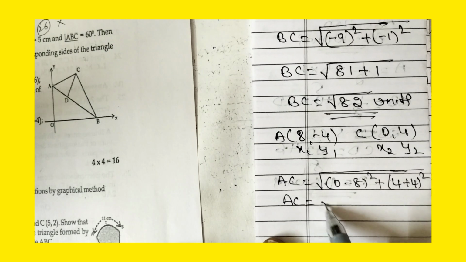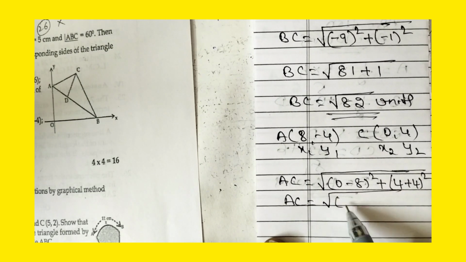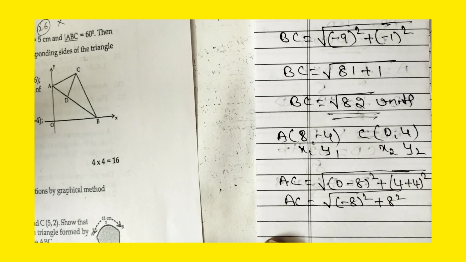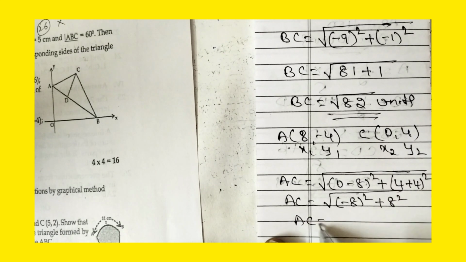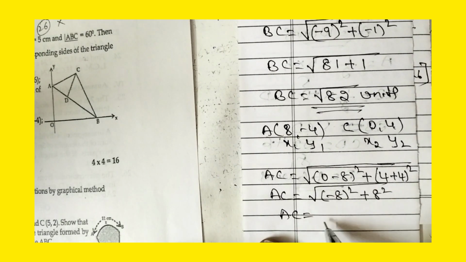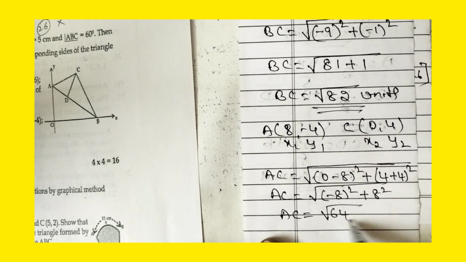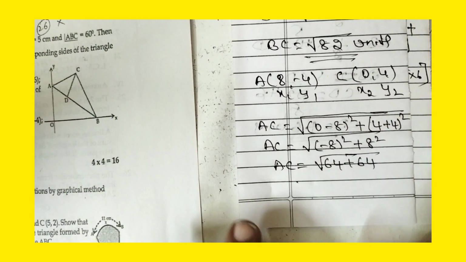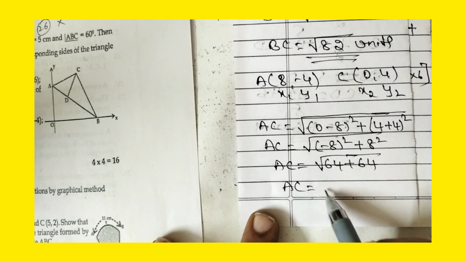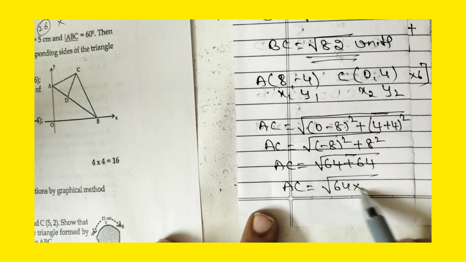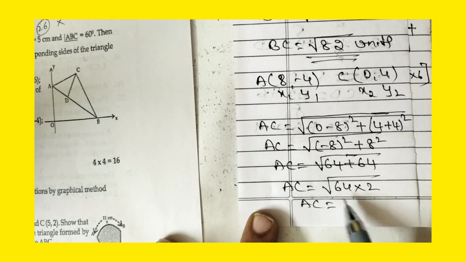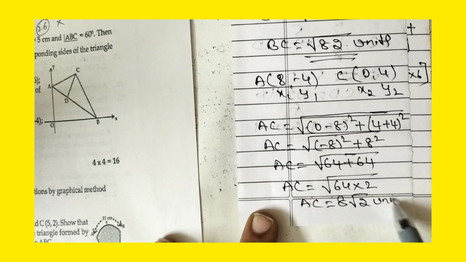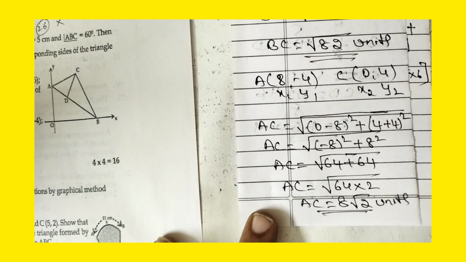So AC is equal to square root of 0 minus 8 is minus 8 whole square plus 4 plus 4 is 8 square. So minus 8 whole square is 64 plus 8 square is 64. So AC is equal to square root of 64 two times. So AC is equal to 8 root 2 units. So this is the distance AC.